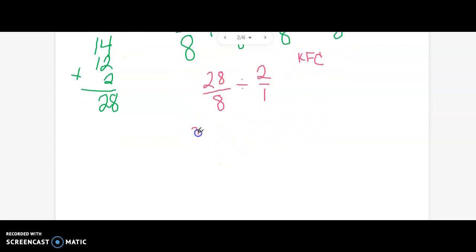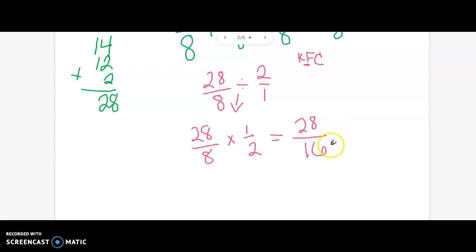I'm going to keep my first fraction, 28 over 8. I'm going to flip my second fraction, to 1 over 2. And I'm going to change my division to multiplication. So now I have 28 times 1 is 28. 8 times 2 is 16. All right, 28 over 16 is the amount that's going to be in each beaker.